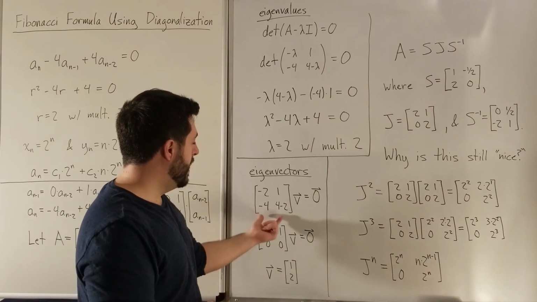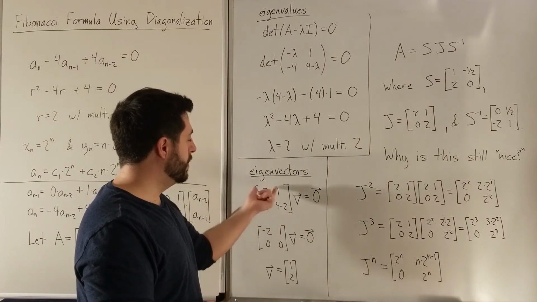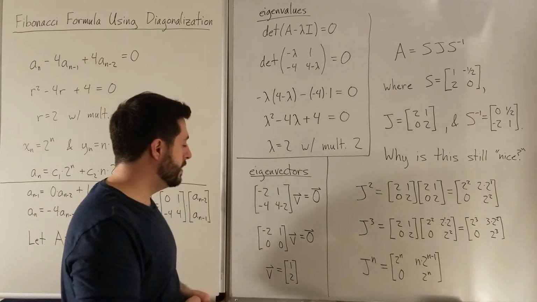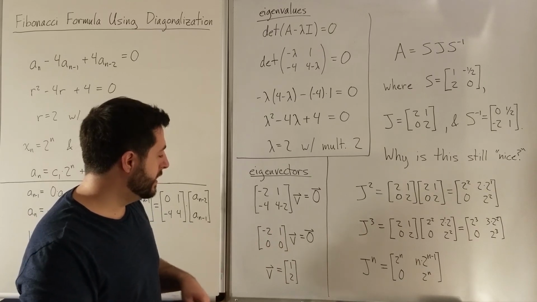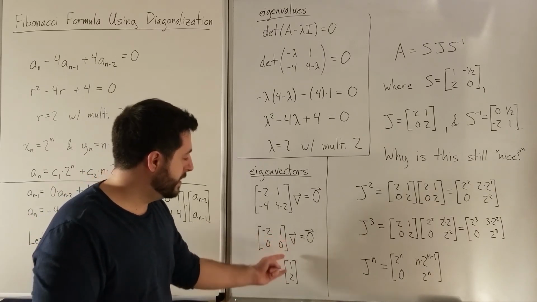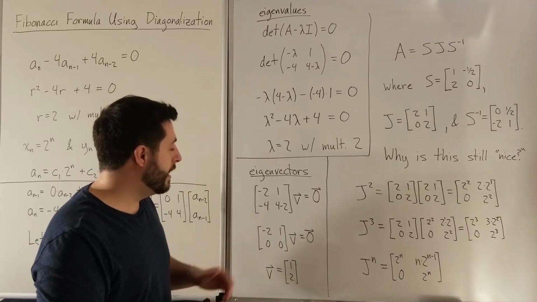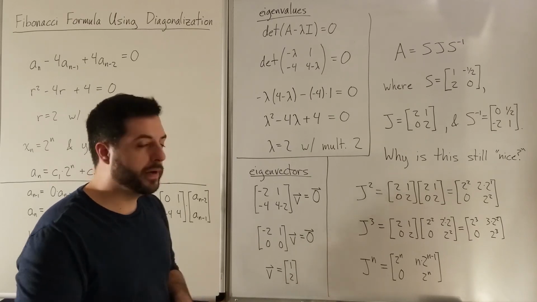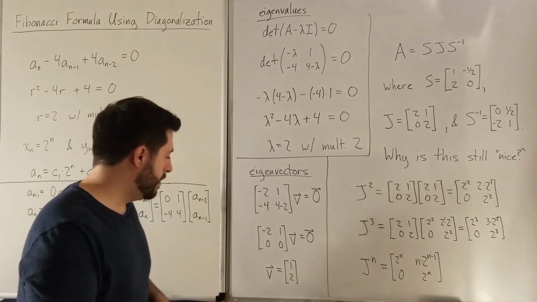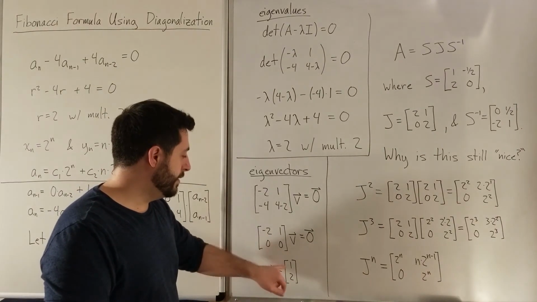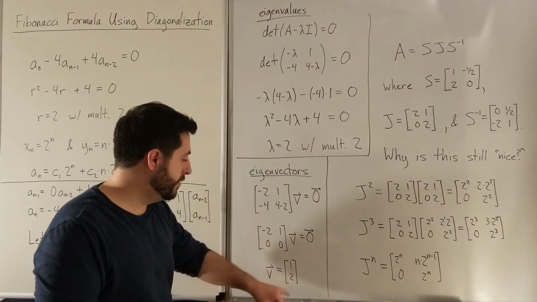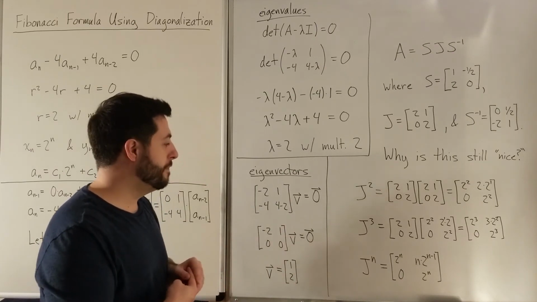We get this matrix, and the second row is a multiple of the first row, so we can just zero it out. We want a non-trivial solution to this, so I'm going to swap the order of these two and negate one of them to find a perpendicular vector. Negative 2 times 1 plus 1 times 2 is going to give us the 0 vector.